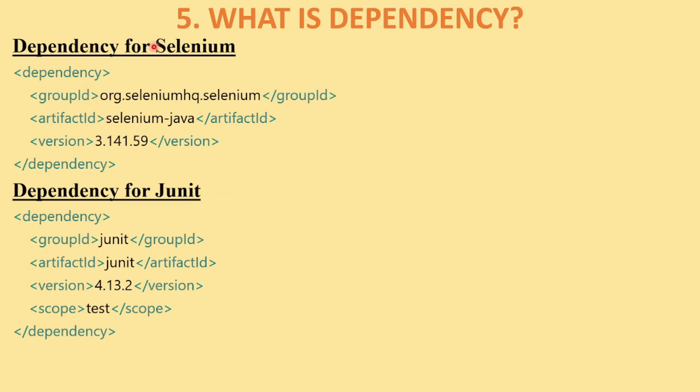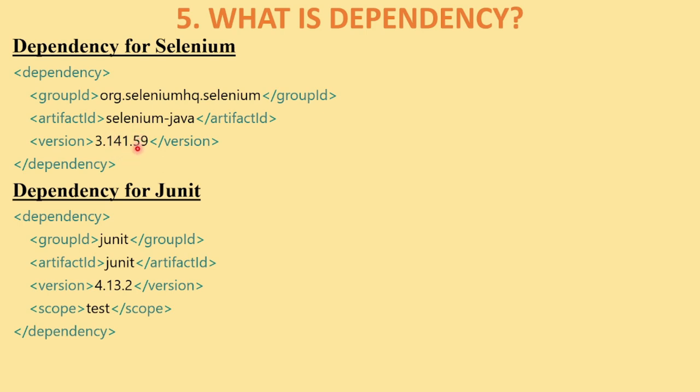So this is the dependency for Selenium which I have got from the internet. This dependency has a starting tag and ending tag. The parent tag is dependency and it has subtags. The subtags are group ID, artifact ID and version. Now the version of Selenium which I have put inside the pom.xml file is 3.141.59. So this Selenium version it is going to use from the internet.